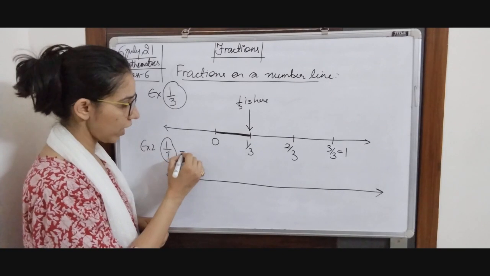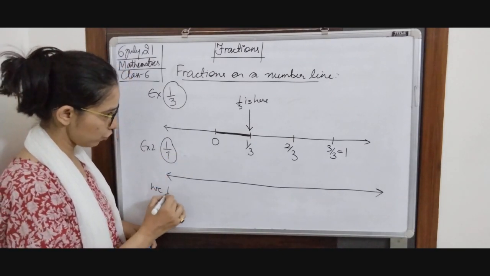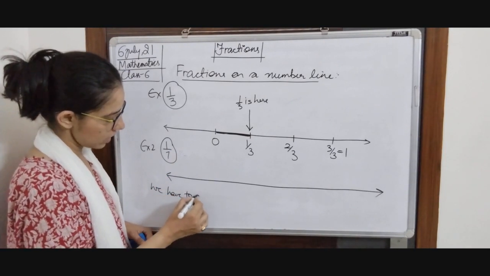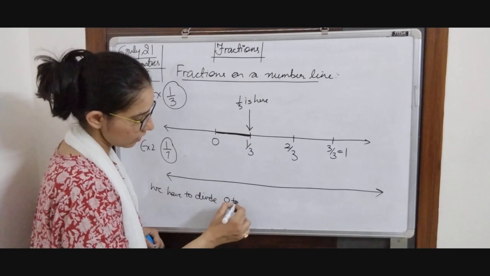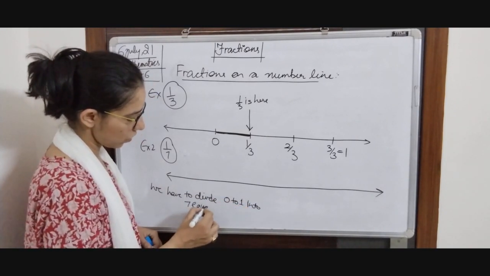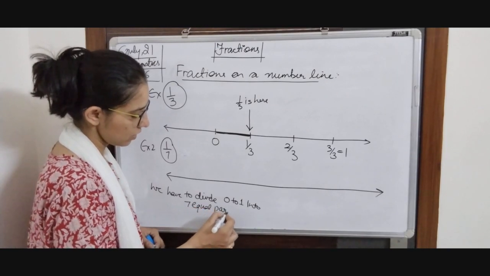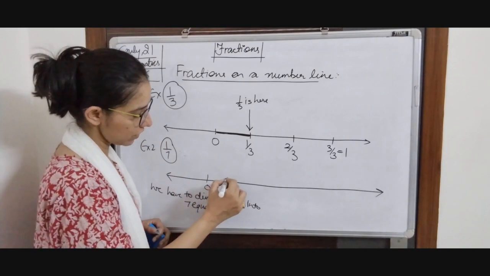From here we can conclude that we have to divide 0 to 1 into 7 equal parts, okay? So we will divide our number line into 7 equal parts.